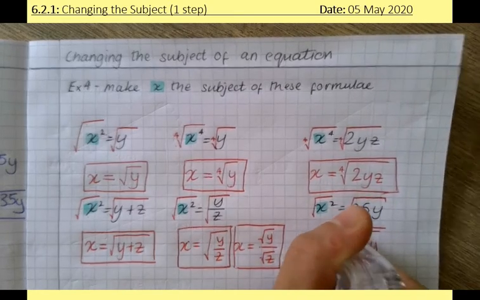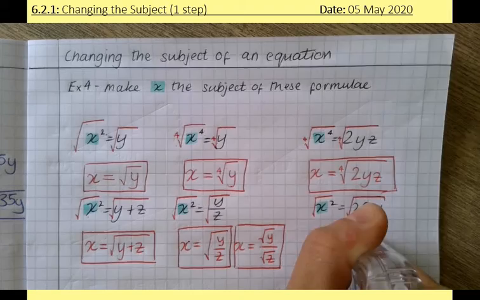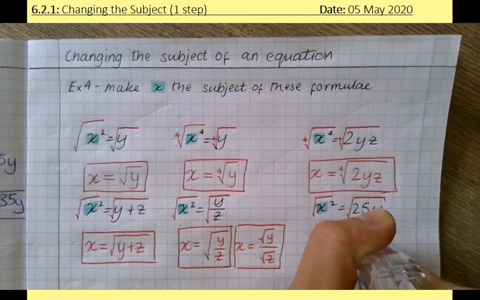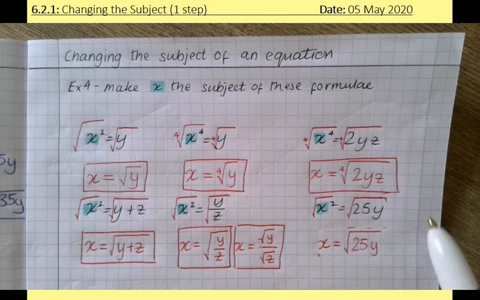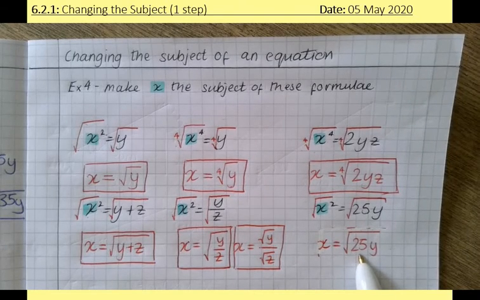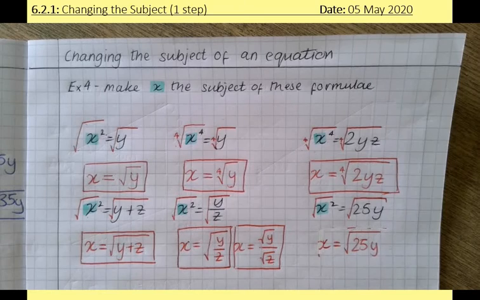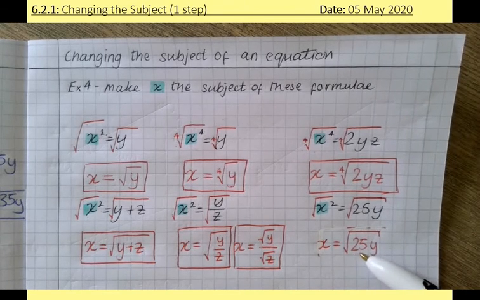But I shouldn't really leave it like this, because I've got x equals the square root of 25y. Now, I actually know what the square root of 25 is. The square root of 25 is 5.